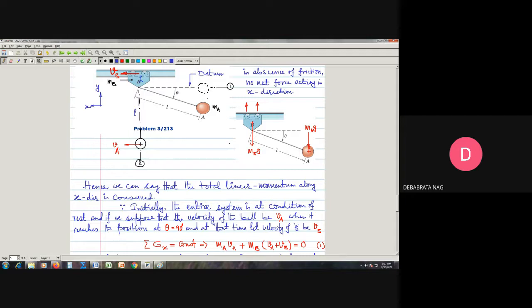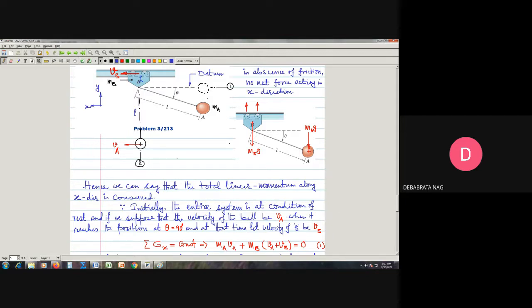This we need to remember, that when we apply the principle of impulse and momentum, or from there the corollary that we have the conservation of linear momentum, all velocities should be the absolute velocity. There will be no relative velocity term included in our system.